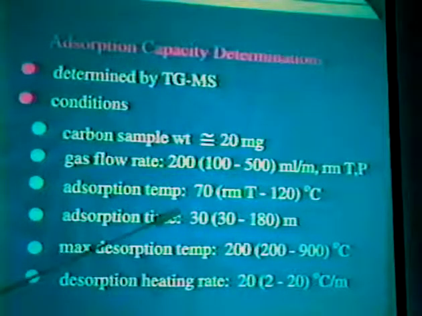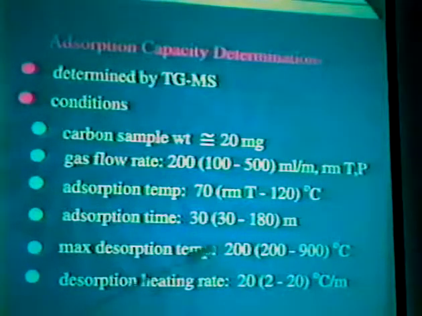Adsorption temperature that has been studied the most is 70 degrees C. Adsorption time is 30 minutes, although we have looked at from 30 minutes to 3 hours. Maximum desorption temperature is normally 200; we've gone up to 900. The desorption heating rate is usually 20 degrees C per minute, and basically that's as fast as one of our units will heat up.